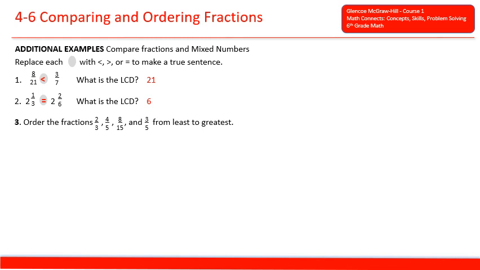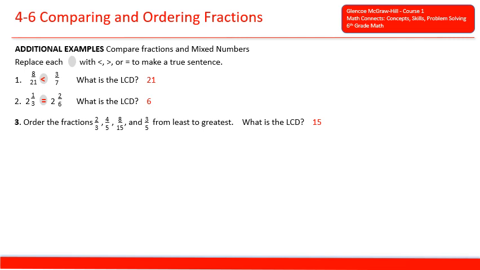Compare the fractions 2/3, 4/5, 8/15, and 3/5 from least to greatest. What is the LCD? 15, right? We know there's 2 5s, and we know those have to end in 5 or 0. We know that 3 won't go into a multiple that ends in 0 evenly. It won't go into 10.